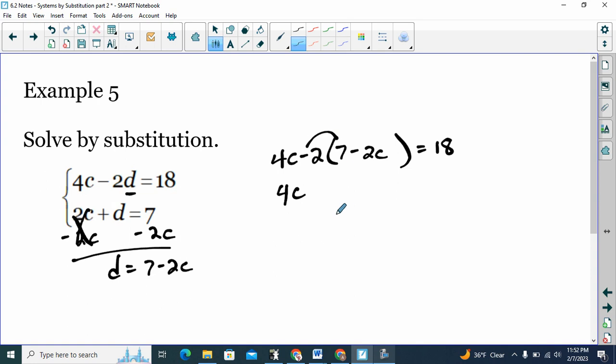Distribute. I have negative 2 times 7. Negative 2 times negative 2c. Negative times negative is positive. 2 times 2 is 4c. 4c and 4c make 8c.